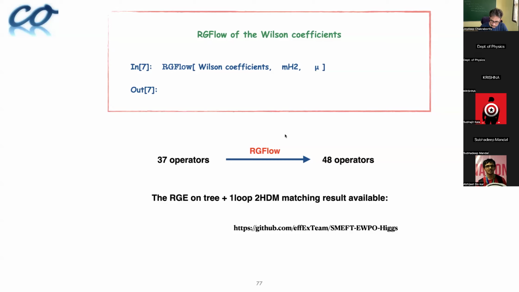Just one thing: since the number of operators is different, it's 37 versus let's say 48, some of the operators are not present at the scale MH2.